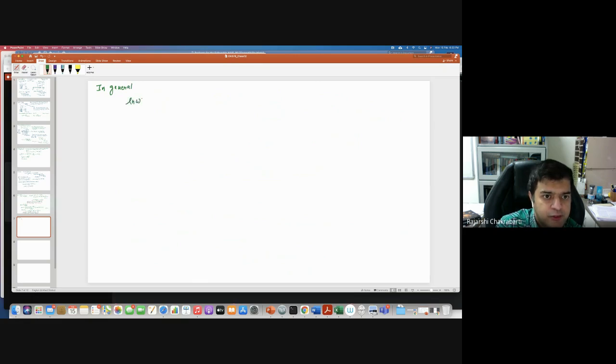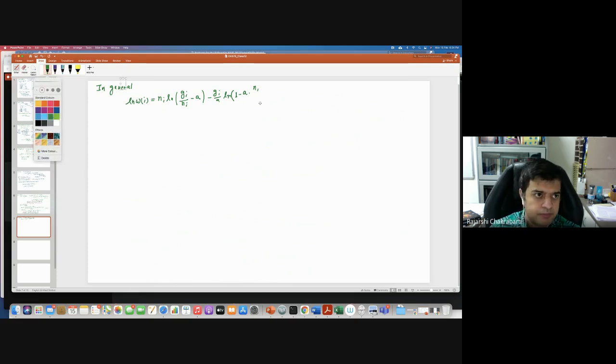In general, ln of any small omega_i is n_i ln(g_i by n_i) minus a, minus g_i by a ln(1 minus a n_i by g_i). This is the general expression.